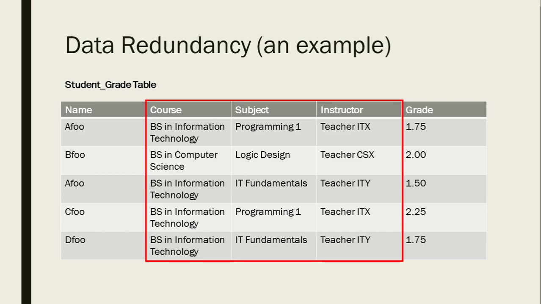And you have to remember that most databases will contain thousands, if not millions, of records. And if data redundancy is so rampant, you'd be wasting lots of storage space.